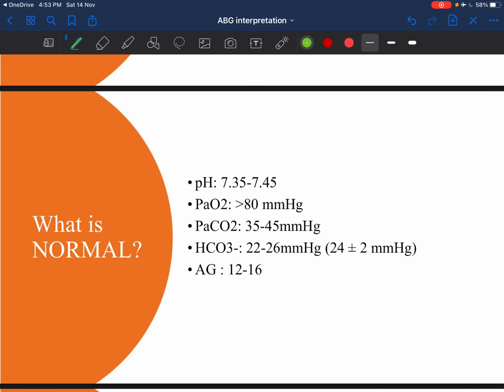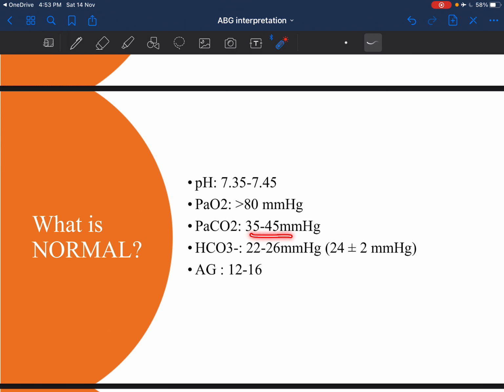So normal pH is somewhere between 7.35 to 7.45. Normal oxygen concentration in arteries is more than 80 millimeter of mercury, somewhere between 80 to 100 millimeter of mercury. This PaO2 is usually around 5 times that of the inspired oxygen concentration. So this is a thumb rule that you can follow.